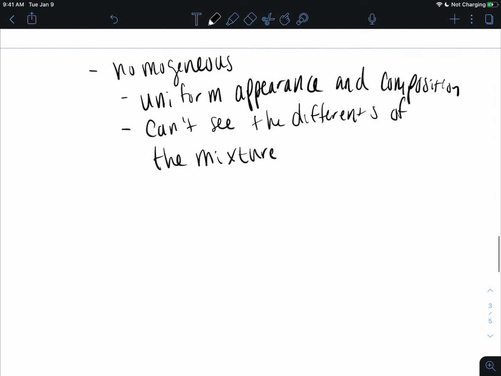There are two different types of homogeneous mixtures we could look at. The only one that we're going to focus on in 1211 is a solution. So a specific type of homogeneous mixture is a solution, where we have one or more components completely dissolved or dispersed uniformly within the other component.